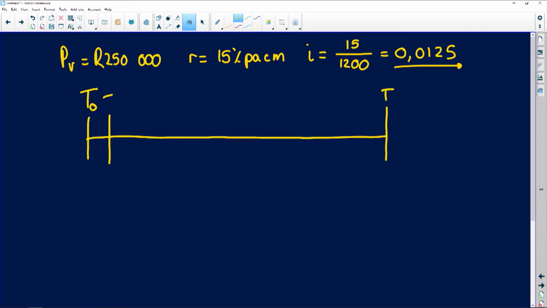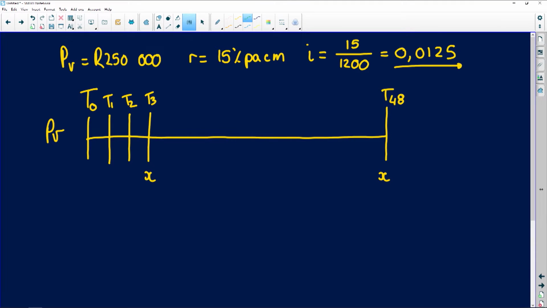Timeline 1, nothing happened. Timeline 2, nothing happened. She started paying at this point, the regular payments, and then it continued for the 4-year period. 4 years have 48 months. Okay, and the present value was over here. So there's a period of 2 months that Tabiso could not pay.